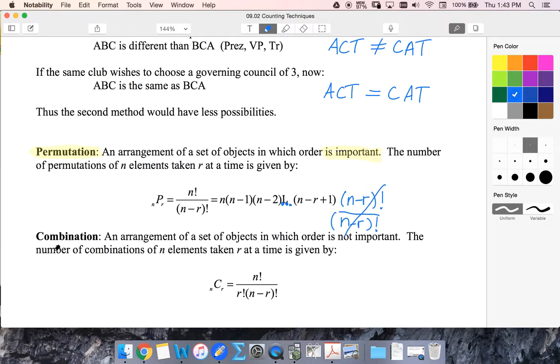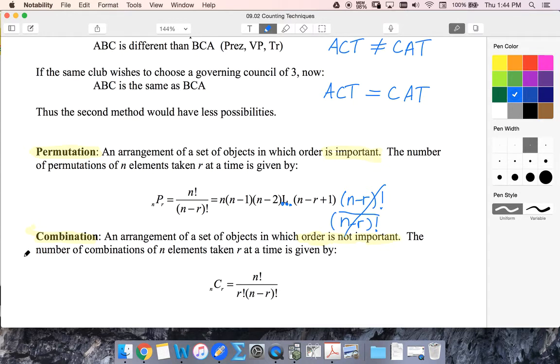A combination is where order does not matter. So combinations, order is not important. In this case, we say n choose r, and the formula is n factorial over r factorial times n minus r factorial. So notice it's almost the same, except that in this one we've multiplied the denominator.